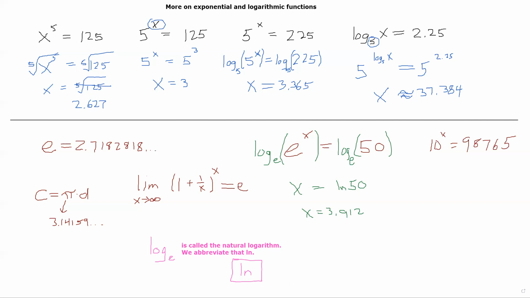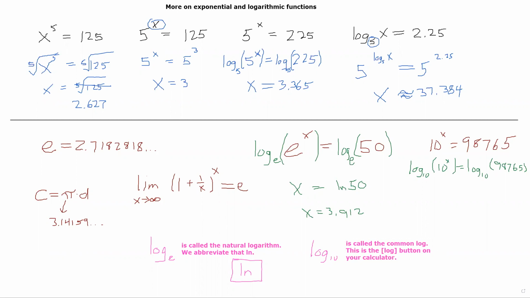So of course, we're going to do a log on both sides. We're going to do log base 10 of 10 to the x is equal to log base 10 of that number. And once again, I'm going to point out that log base 10 is called the common log. This is the LOG button on your calculator.